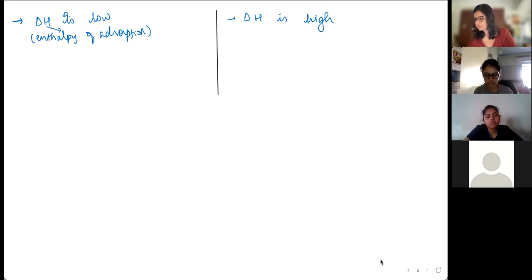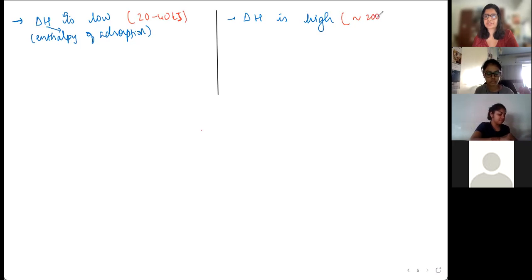Let me check. Okay, so here the range is around 20 to 40 kilojoules per mole. And in this case, it goes to approximately 100 something, almost 200, 300 kilojoules per mole.